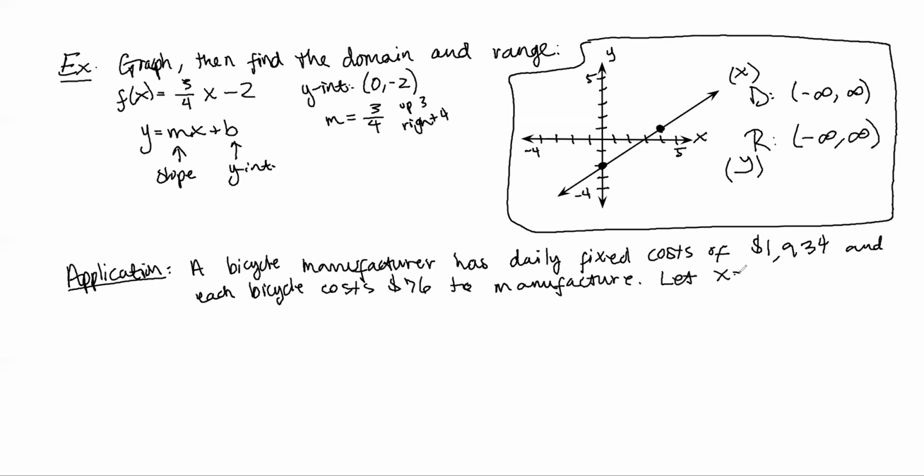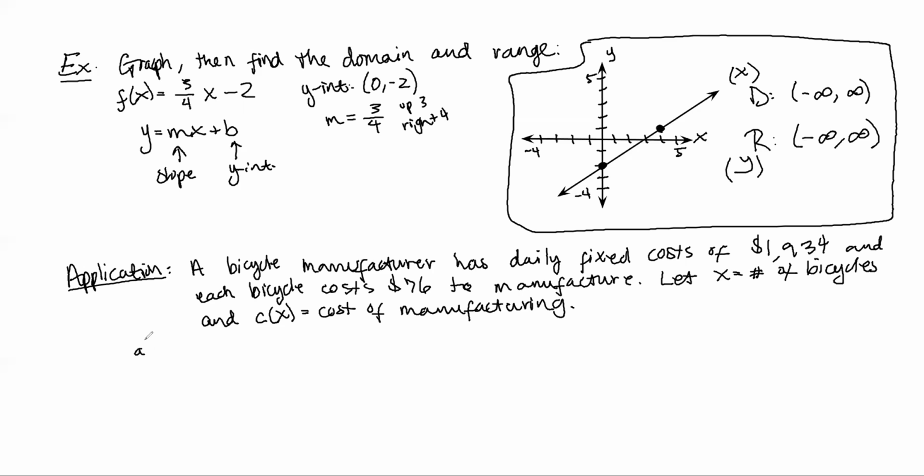Let X equal the number of bicycles and C of X equals the cost of manufacturing. So they've already given us what X should represent. It's the number of bicycles they're making. And C of X is the cost, which makes sense that it's a function of X because the cost is going to depend on how many bicycles they produce.